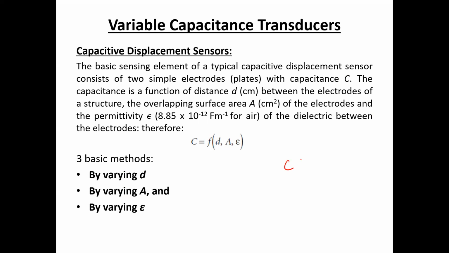In case of capacitance, if we consider a parallel plate capacitor, it is a function of three quantities: the permittivity, the area of overlap between the two plates, and the distance between the two capacitive plates. If any one of these three quantities is varied, that will result in a variation of the capacitance value, which can be used to predict the change in that particular quantity.